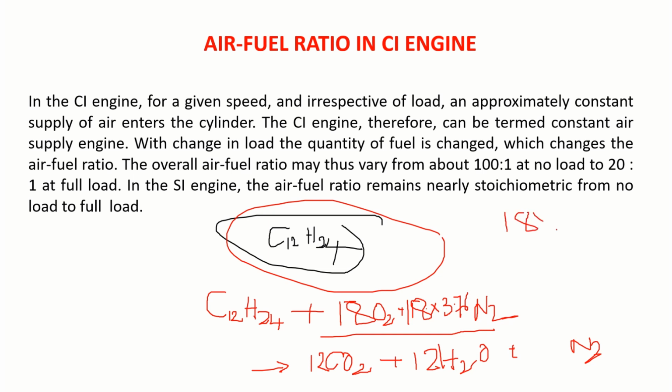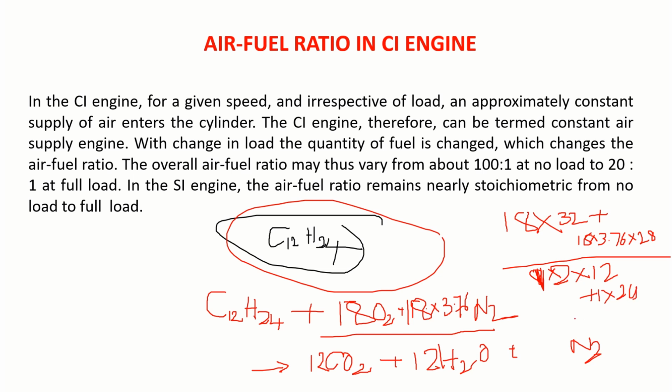So 18 into 32 plus 18 into 3.76 into 28, divided by 12 into 12 plus 1 into 24. You can find this stoichiometric air fuel ratio.